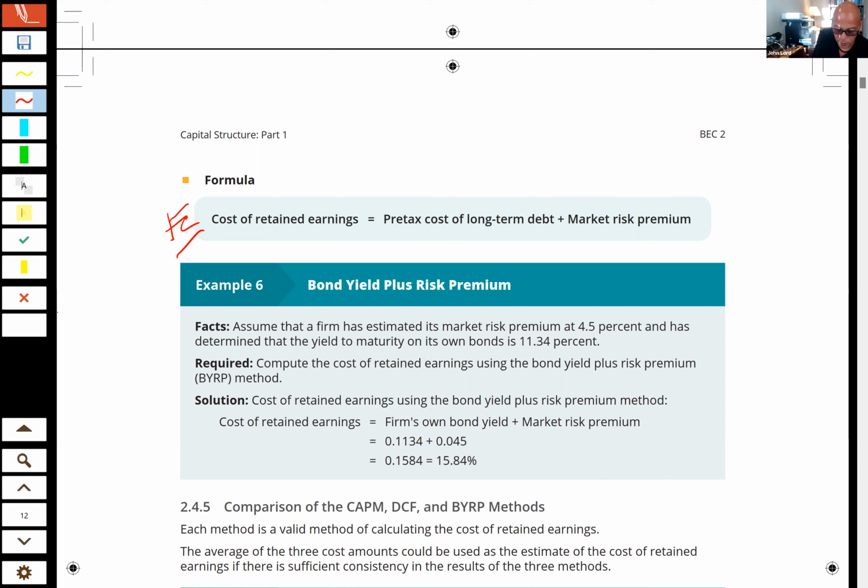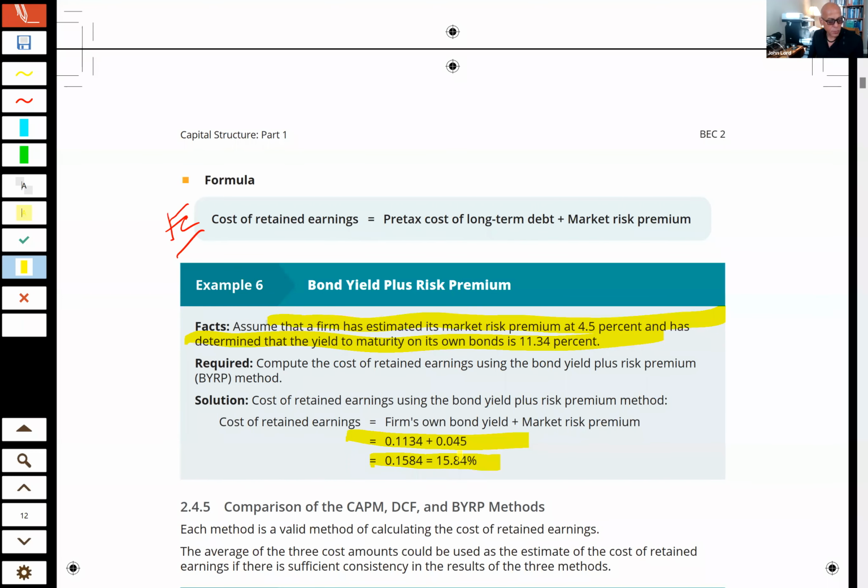Assume the firm has an estimated market risk premium of 4.5 and has determined the yield to maturity on its bonds is 11.34. That's the yield the bond is going to provide to whoever bought our bonds. We add in the market risk premium, and that gives us the answer. So that's pretty easy.